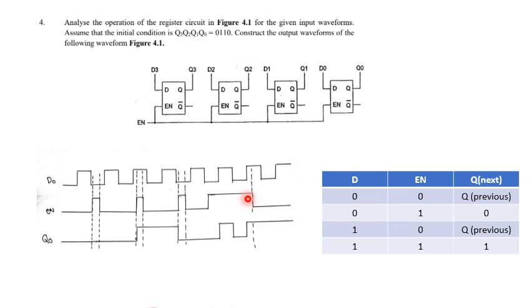So the En here is equal to 1. The En here is equal to 0 and the output here for D is equal to 1. Based on the truth table here, it will continue the previous value. So here is 1. So it will continue the previous value.